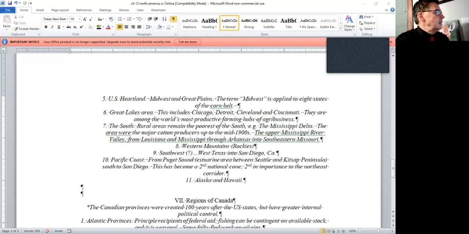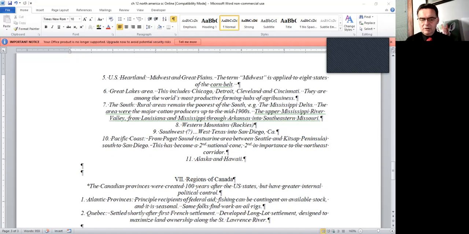The South. Rural areas in the South remain the poorest of the South. For instance, going back to page 561, you can see the Mississippi Delta area. Major cotton producers. They were up to the 1900s. And of course, after the Civil War, that all kind of diminished.